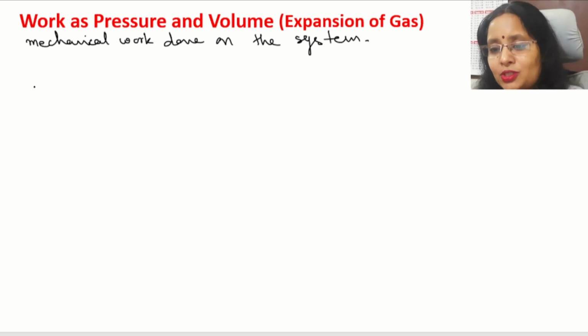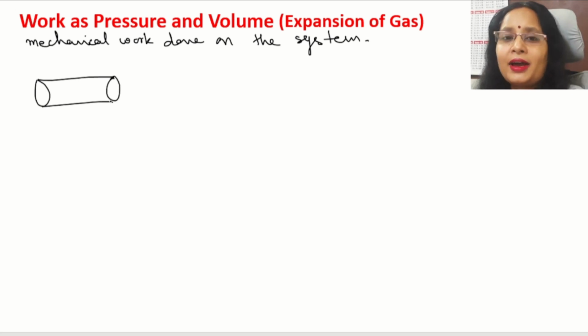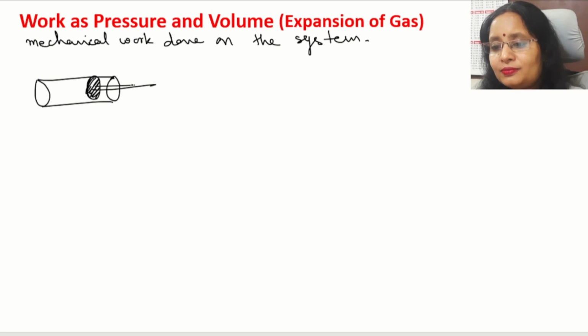Now, suppose we have a system. In thermodynamic terms it is a system; in general words, it is a container in which there is a piston. So this is our piston. This system is filled with 1 mole of ideal gas.